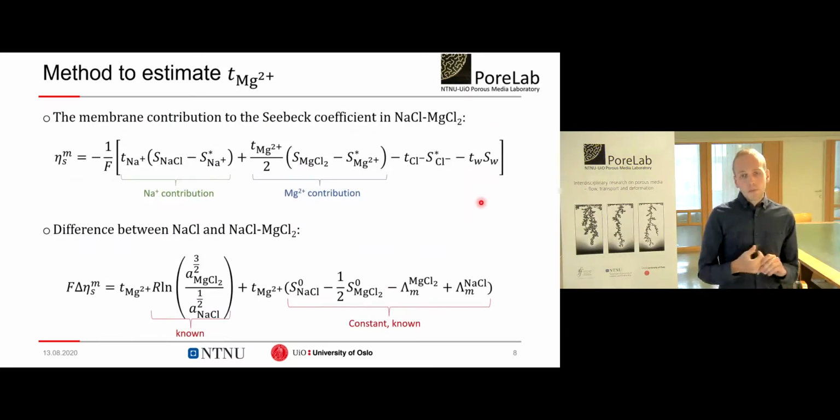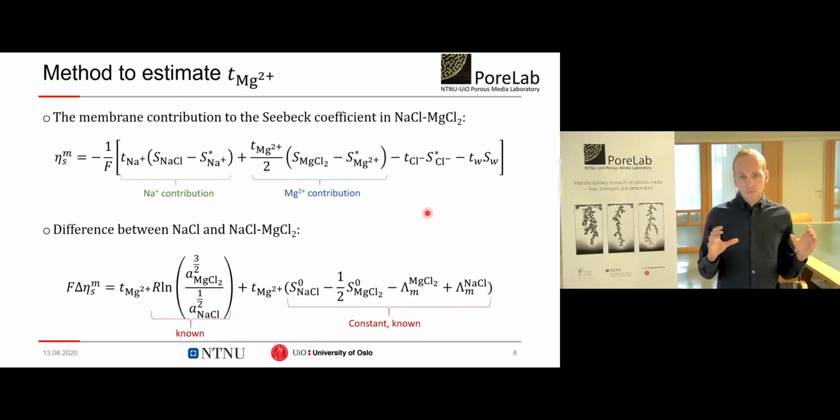So to understand the Seebeck coefficient in binary solutions, it is useful to know the contribution from the different ions, and an important parameter here is then the transport number of the magnesium. So what we have done is that we have looked at systems with only sodium chloride and then added a small amount of magnesium chloride and looked at the difference between these two systems.